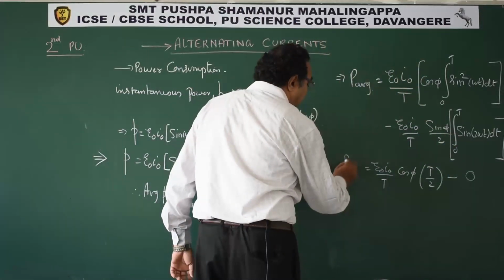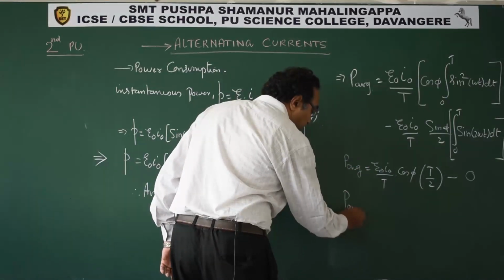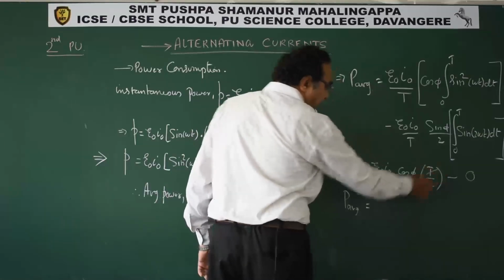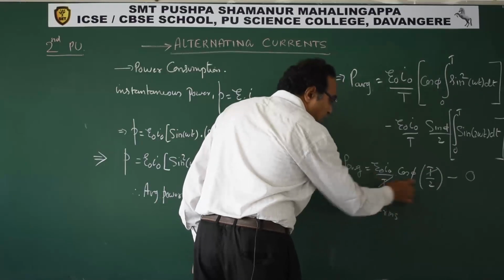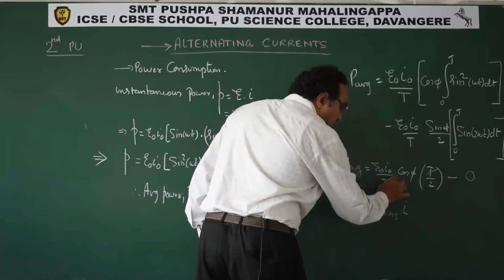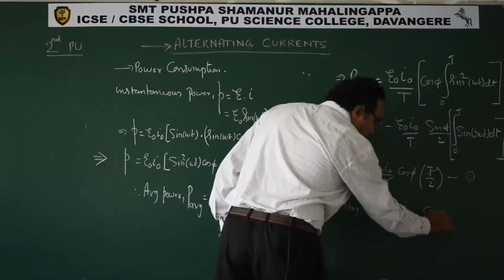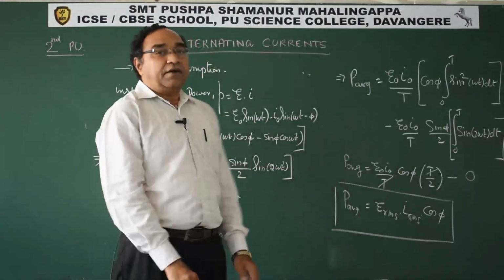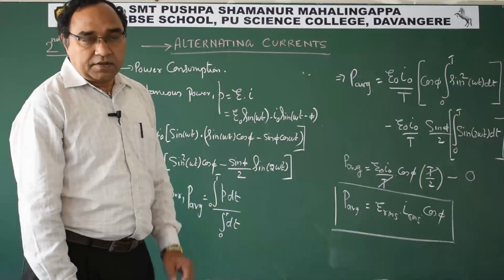So writing it in proper form, the T cancels out, and we get E RMS, E naught by root 2, I naught by root 2, into cos phi. This is the average power consumption of an LR circuit.